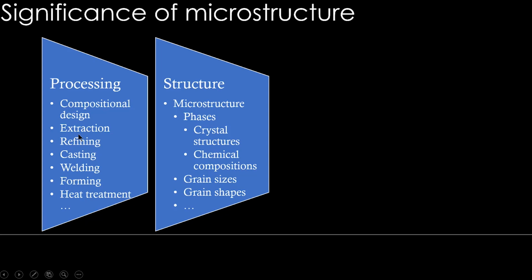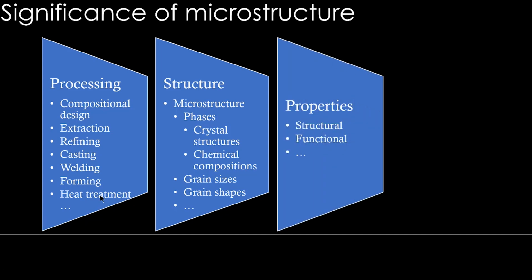Then the other processes that are done to the material, right from its extraction, refining, casting, welding, forming, heat treatment, and so on, all of them will affect the microstructure, and the microstructure in turn affects the properties. The structural properties, functional properties. The structural properties are the mechanical properties like tensile strength, ductility, toughness, and so on.